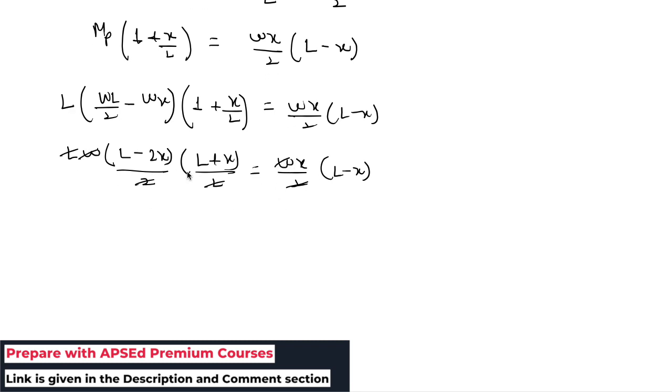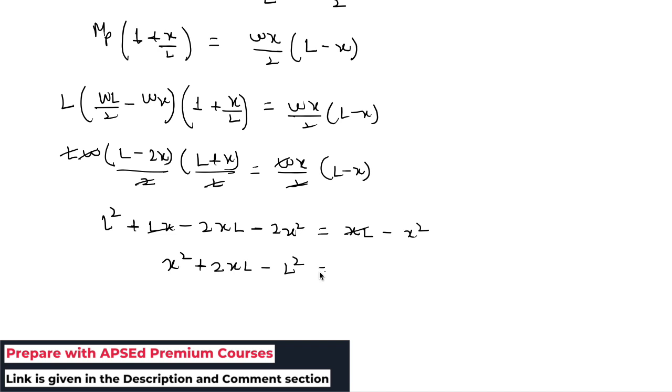Then we can simplify the rest. So we have L square plus Lx minus 2xL minus 2x square is equal to xL minus x square. So this xL or Lx will cancel out, and we have x square plus 2xL minus L square is equal to 0.